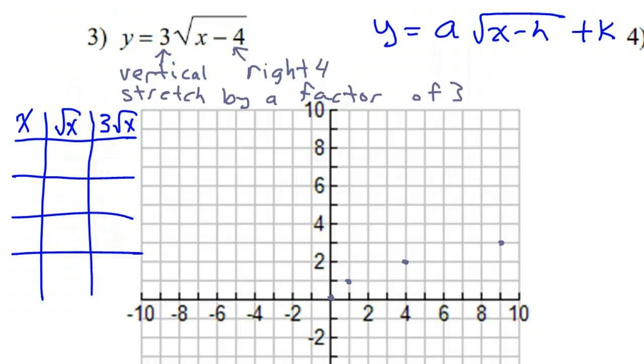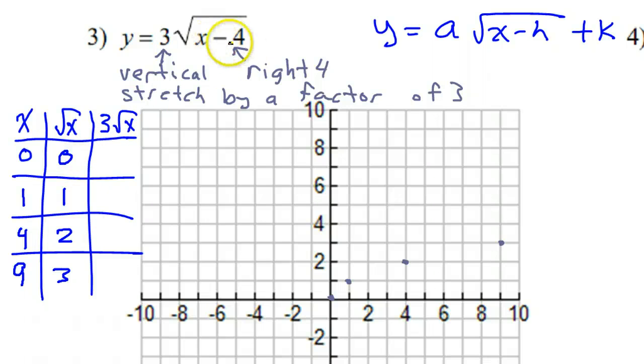Now, when we do this, I would recommend starting off with the same thing. Let's still do 0, 1, 4, and 9. And of course, when we do the square root, we're still going to get 0, 1, 2, and 3. But instead of graphing that, let's go ahead and apply the a value. So let's take this middle column here and multiply them all by 3.